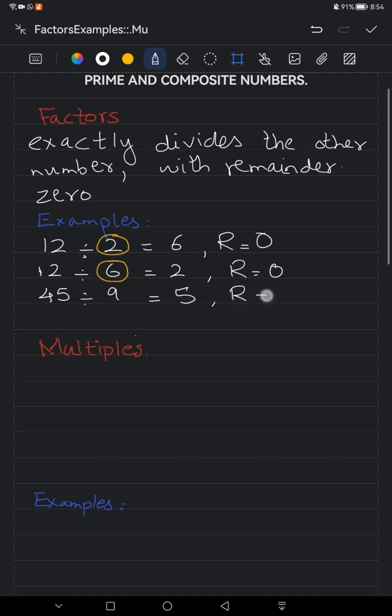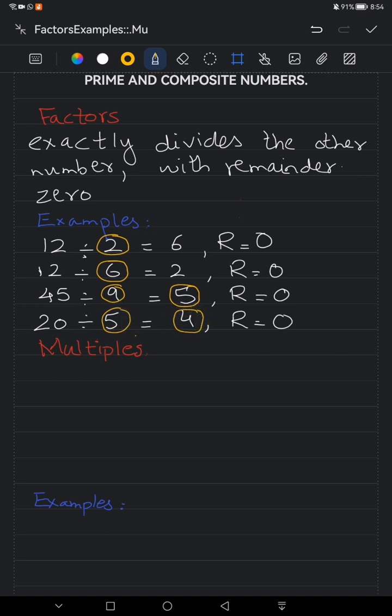And here also the remainder is 0. So I can say that 9 and 5 both are factors of 45. Similarly, if we divide 20 by 5, the answer is 4. Remainder is 0. So we can say that 5 and 4 are factors of 20.